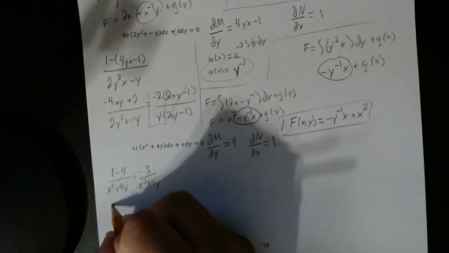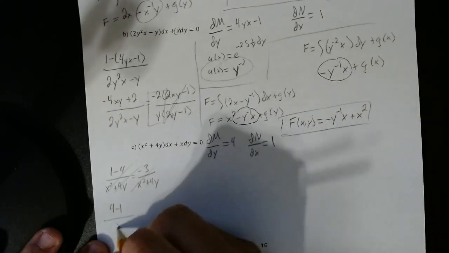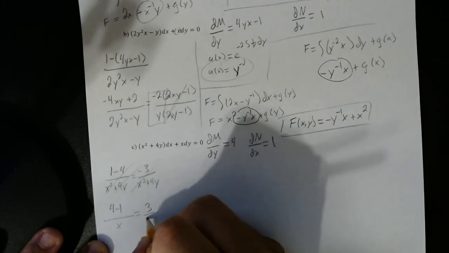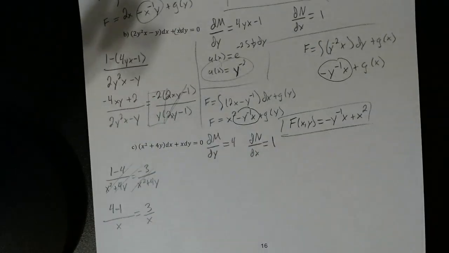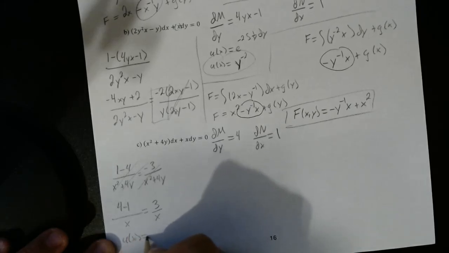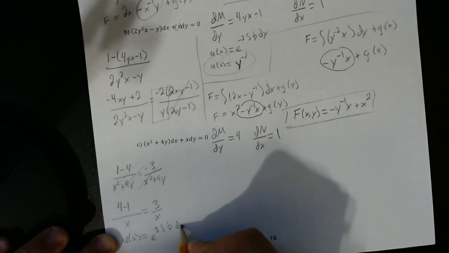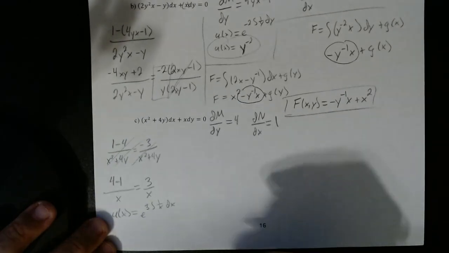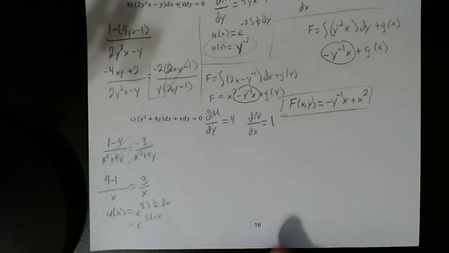So we'll do 4 minus 1 over n, which is just x, which gives you 3 over x, which is perfect because that is in terms of just x. So you kind of get the pattern. And I'm sure you can follow the pattern from there.